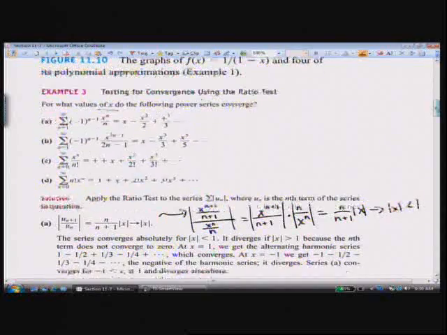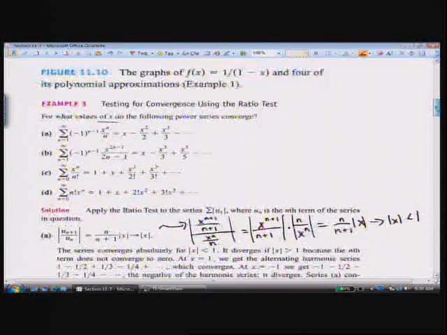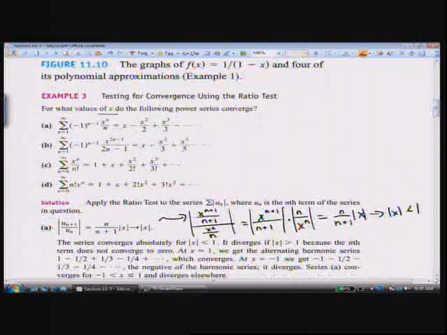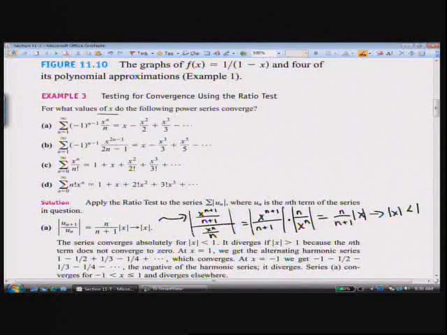So we're able to argue that this first series that we looked at, this one right here, A, converges between negative 1 and 1, including 1, and diverges everywhere else. So for values of x between negative 1 and 1, this series will converge. Okay, well, let's look at B. We're going to do the same thing for B.